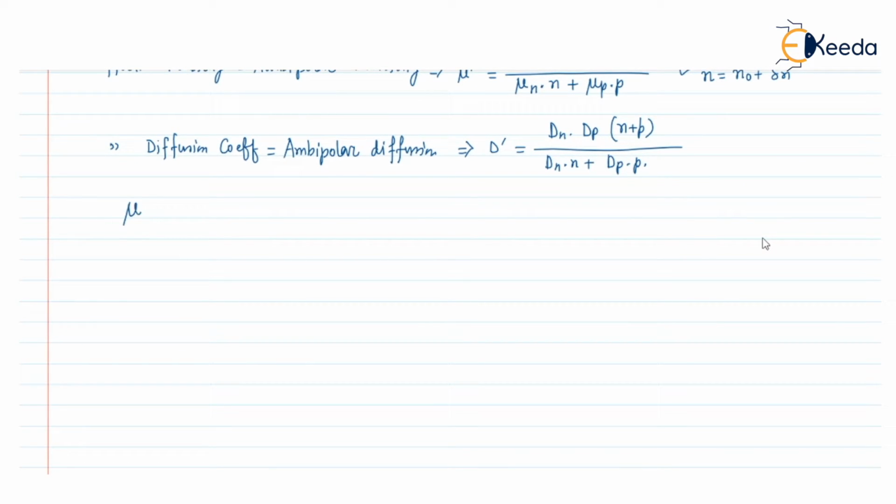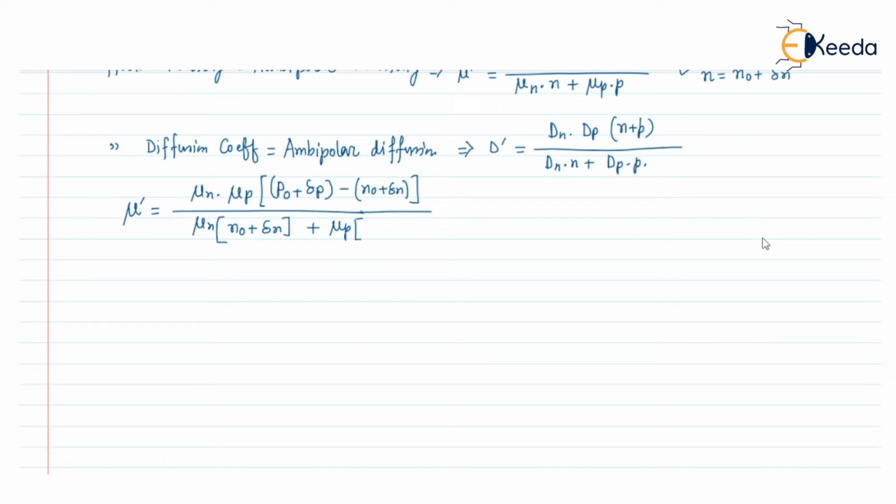So the ambipolar mobility value mu dash can be written in this form: mu n into mu p into p, where P means p0 plus del p, minus n0 plus del n, over mu n into n, meaning n0 plus del n, plus mu p into p0 plus del p.